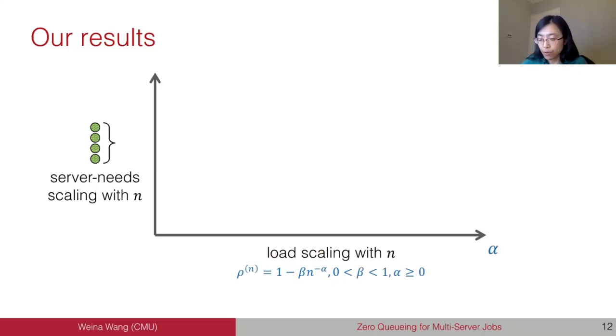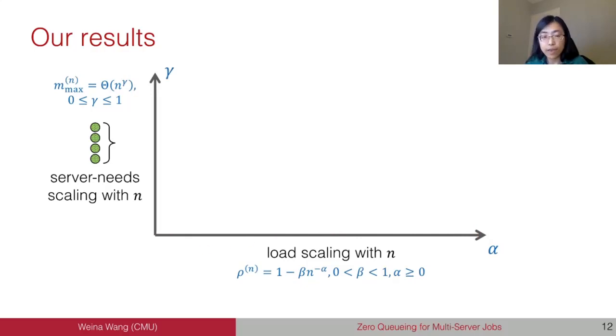Now let's scale the server needs. Let's focus on the maximum server need among all the job classes and assume that it scales in this form. The gamma here is the key parameter. The larger gamma is, the larger the server needs are. So we put gamma on the y-axis. As a warm-up, let's look at the x-axis. This is the case where the load scales with n, but the server needs don't scale.